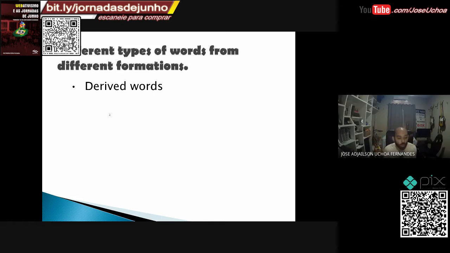Na derivação, geralmente você muda a classe de palavra. Então, por exemplo, moleque, molecagem. Opa, moleque é um substantivo, molecagem é o quê? É outro substantivo ou é um adjetivo?